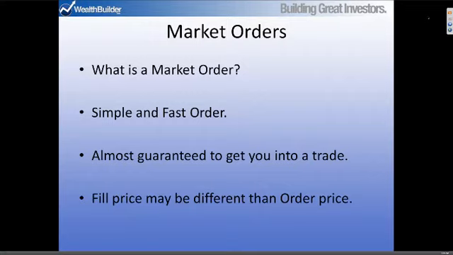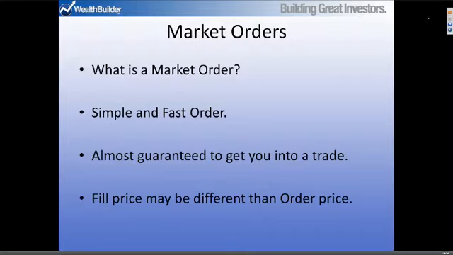Let's say you place a market order to buy 100 shares of DDD. Your broker will purchase 100 shares of DDD at the next best available price. Let's say DDD is trading around $38. You place the market order, and your broker purchases 100 shares at the closest available price.